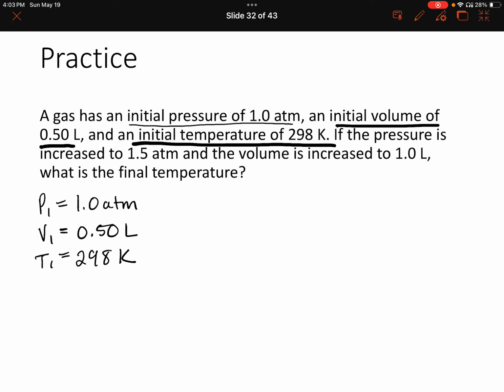Then let's say the pressure is increased, so P2 is increased to 1.5 atmospheres, and the volume increases to 1.0 liters, so that will be V2. And we want to figure out what is the final temperature.